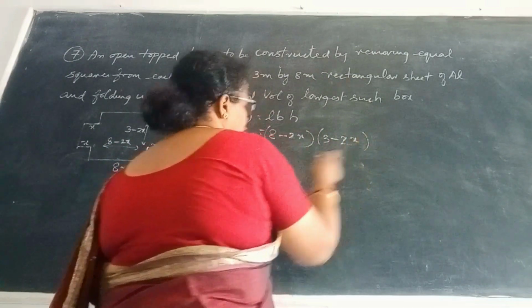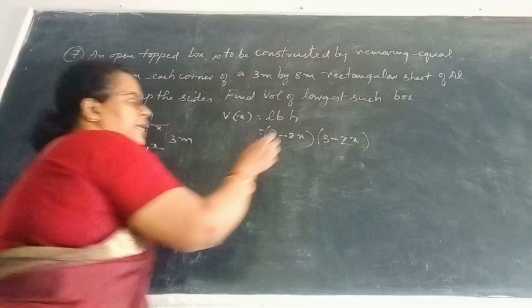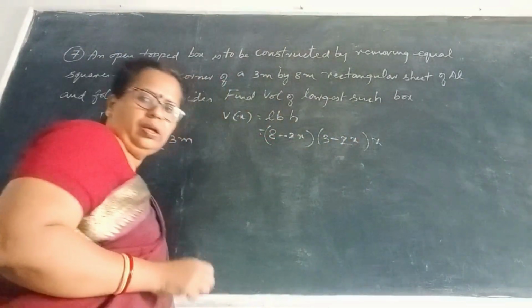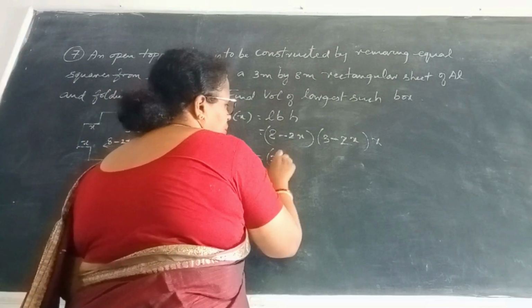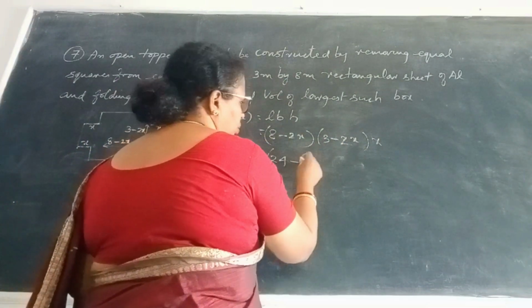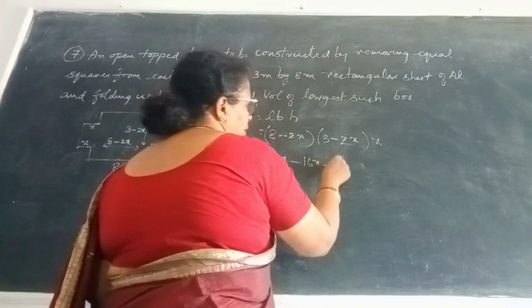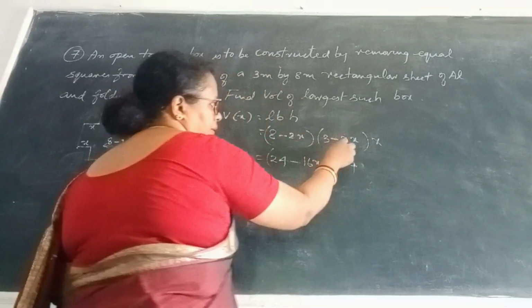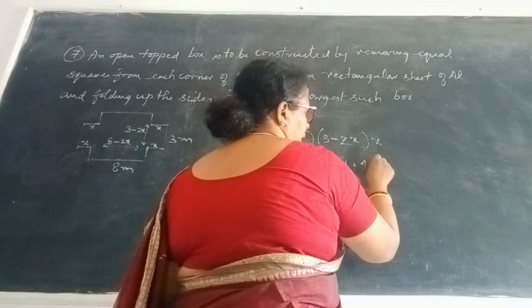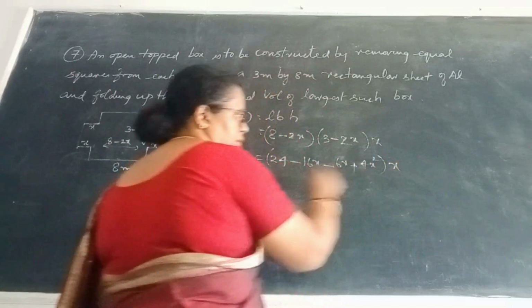And what is h? The height folded up is x. So this is the volume. Let us simplify: 8 into 3, 24, minus 8 into 2x, 16x, minus 2x into 3, 6x, plus 2x into 2x, 4x squared, into x.